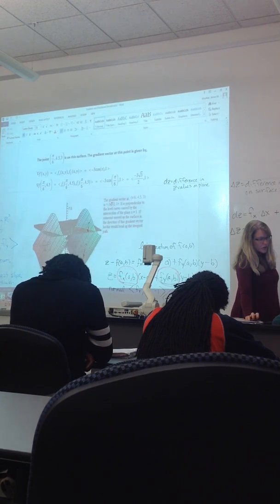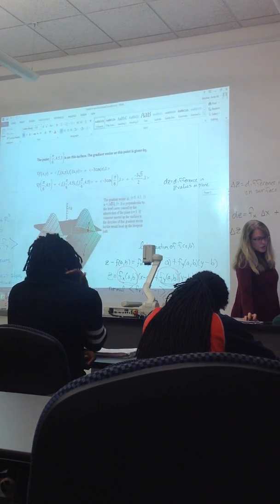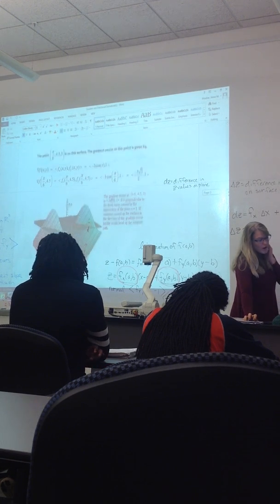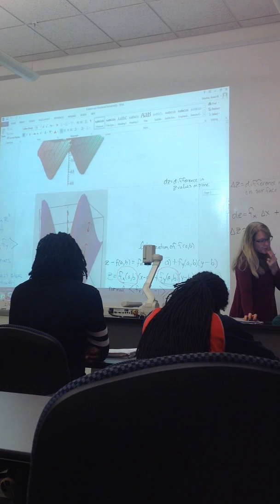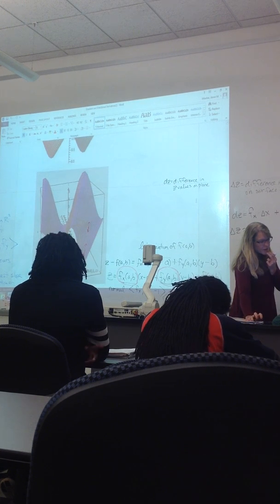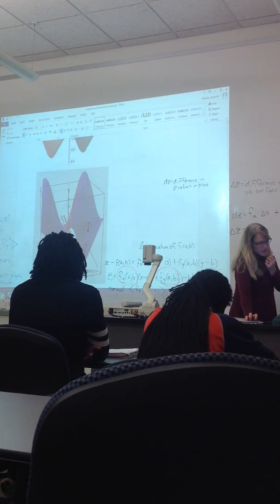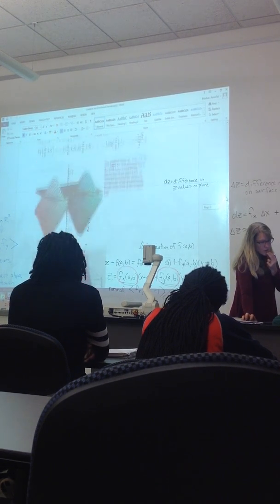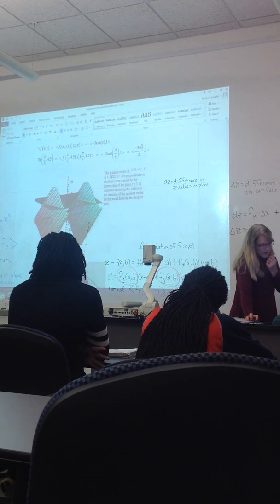These other little pictures that are on here, we're just trying to show the original surface for that one vector. So like here's the surface, then this is your gradient vector from that one point. Sorry, that's your normal vector. Sorry, here's your gradient vector.